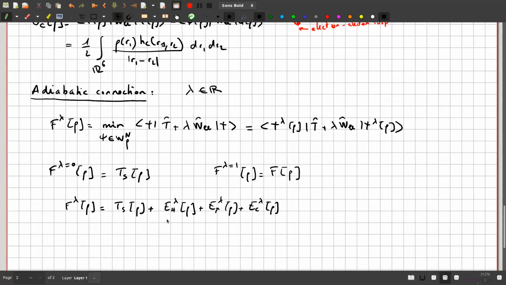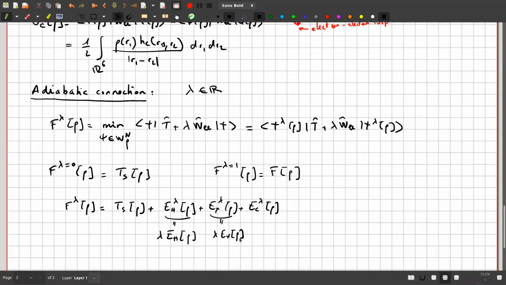And the Hartree and exchange functional, it's easy to find the dependence on lambda because they are simply linear with respect to the interaction. And since lambda is just in front of the interaction, it means that this lambda-dependent Hartree functional is simply lambda times the usual Hartree functional that I have defined before. Okay, and that's the same for the exchange. So we have lambda times the usual exchange functional.